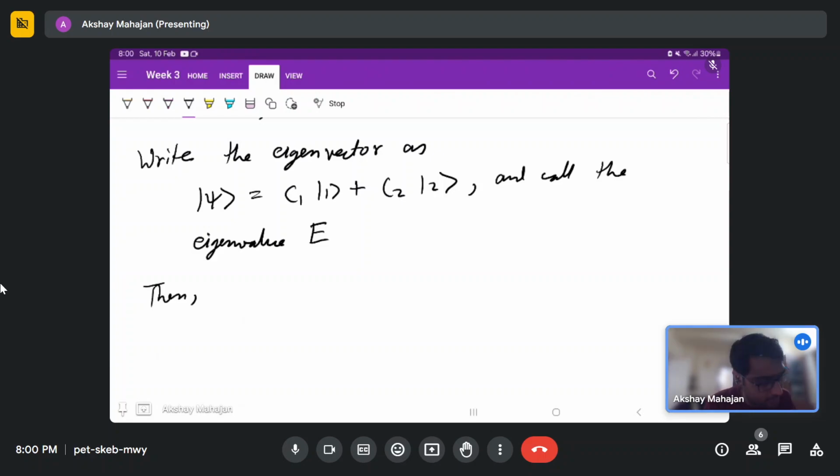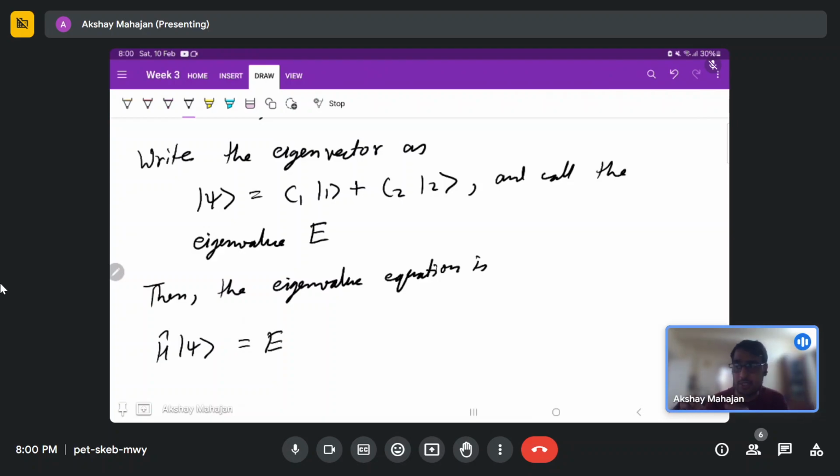The eigenvalue equation is h cap of psi, and we know h cap of psi will be equal to E psi.